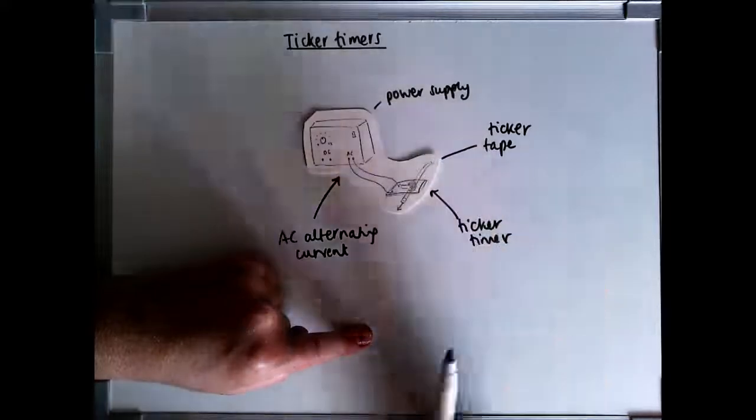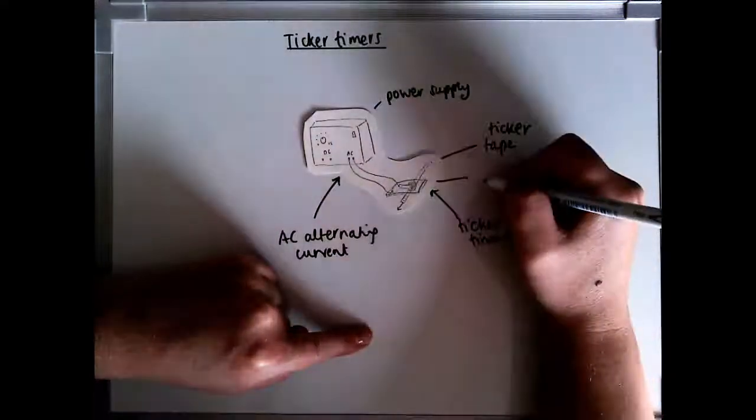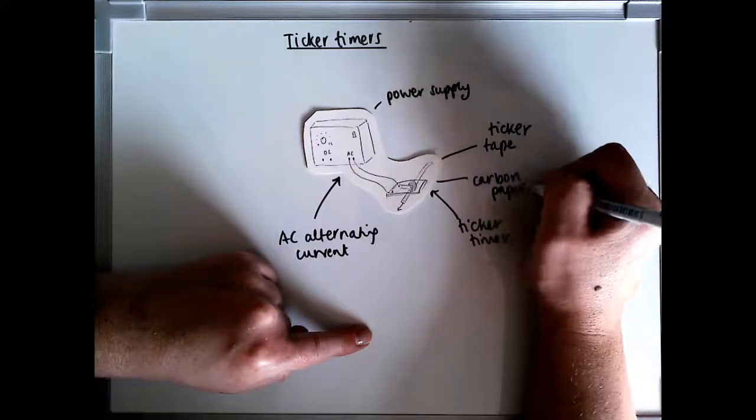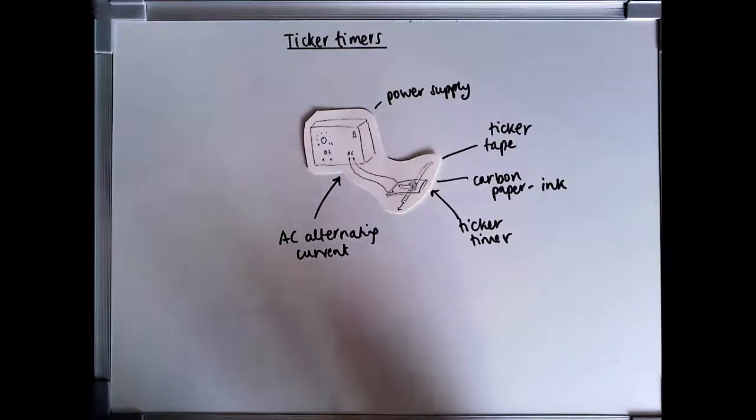There's a circle, and that circle is actually a piece of paper that's called carbon paper, and it has lots of ink on it. If you were to physically touch it with your hands, you'd get a little bit of ink on your hands.